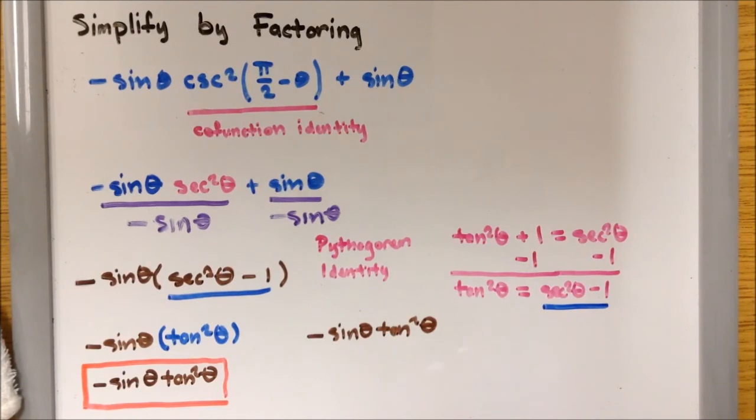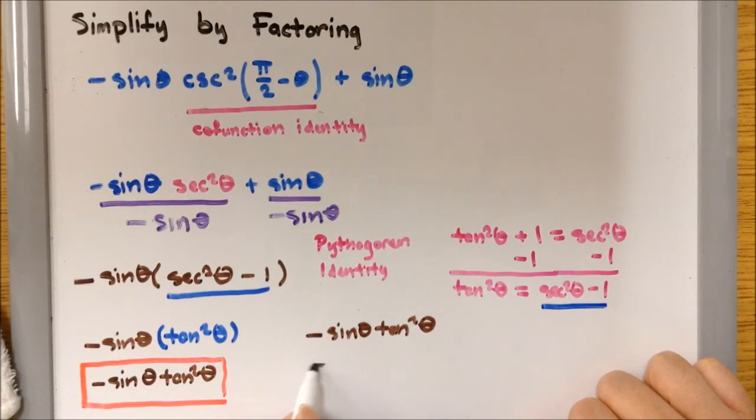So if it asks you to simplify in terms of sine and cosine, I would use the quotient identity on tangent, because the quotient identity will give you sine and cosine. So negative sine theta, and tangent squared theta will be sine squared theta over cosine squared theta.